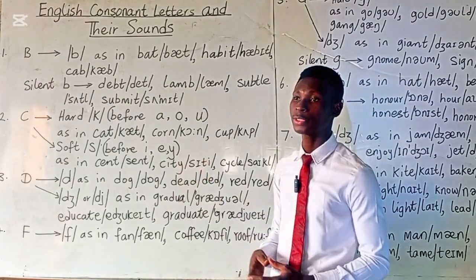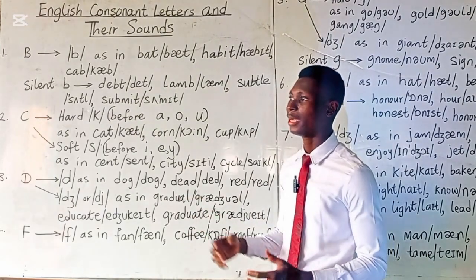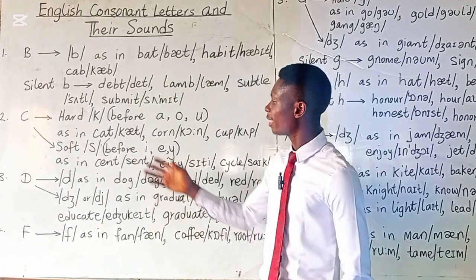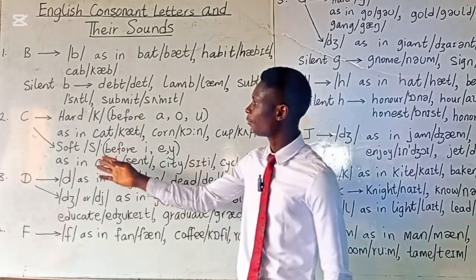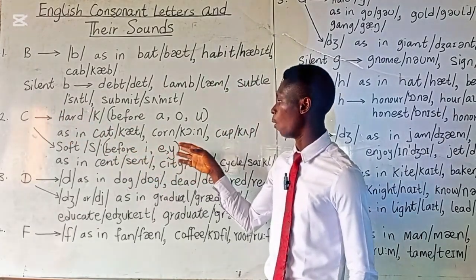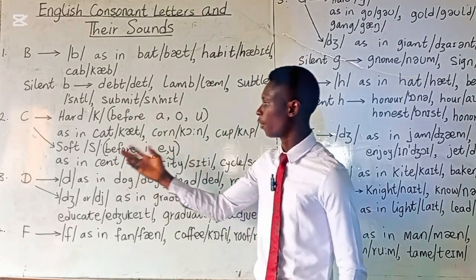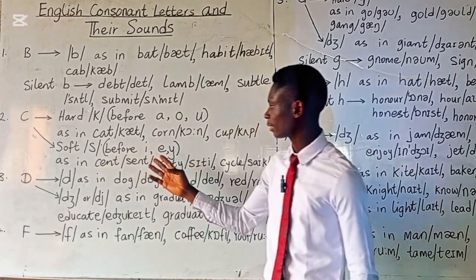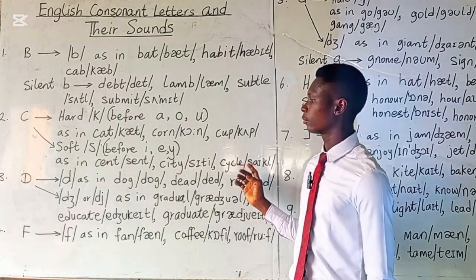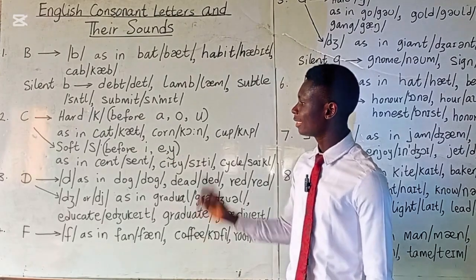So in some words, you have letter Y realized as a vowel sound, either E or I, as the case may be. So in this case, when you have letter C coming before I, E, or Y, it is realized as S. For instance, in words like scent, city, cycle, letter C in these words is realized as S.